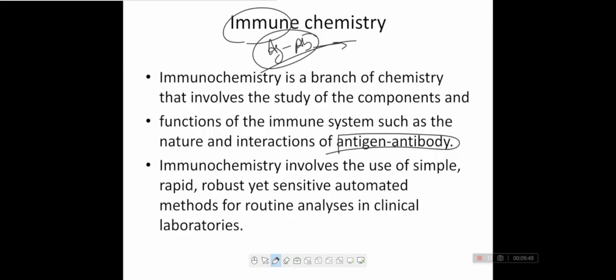Immunochemistry involves the use of simple, rapid, robust, yet sensitive automated methods for routine analysis in clinical laboratories. Okay, clear?